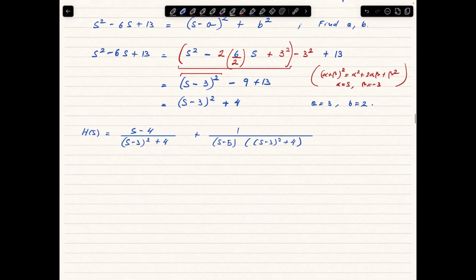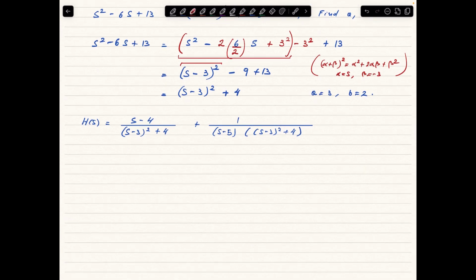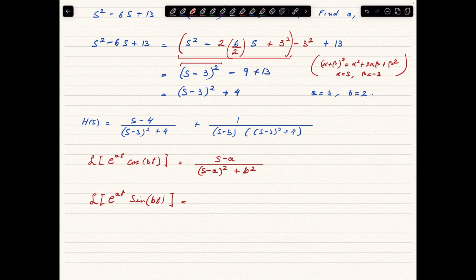So have we gained anything? Actually, we did, because if you go to the Laplace transform table, we have that the Laplace transform of exponential -at multiplied by the cosine of bt is s minus a over s minus a squared plus b squared, and the Laplace transform of exponential at sine of bt is b over s minus a squared plus b squared.